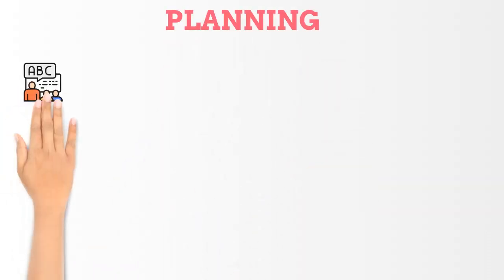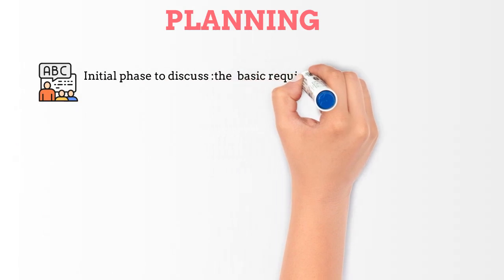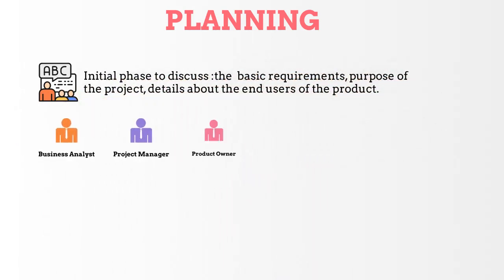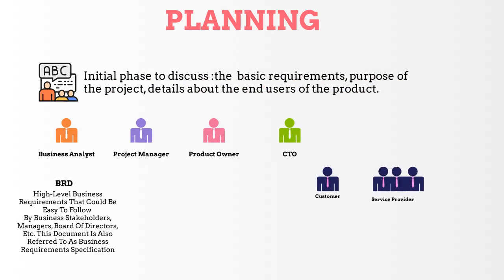Let's discuss the very first, initial phase of SDLC, that is planning. In this phase, all the basic requirements like the purpose of the project, details about the end users of the product, key elements like attributes and format, and overall user interface get discussed. During the planning phase, mostly the business analyst, project manager, product owner, and CTO of the company get involved.